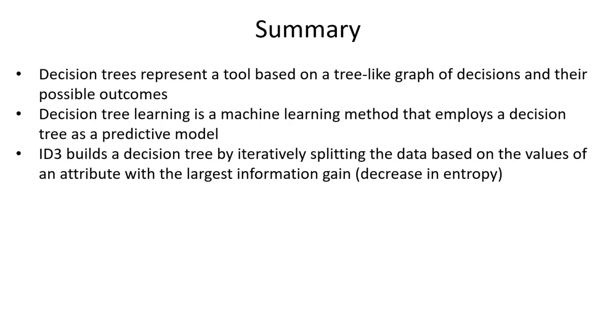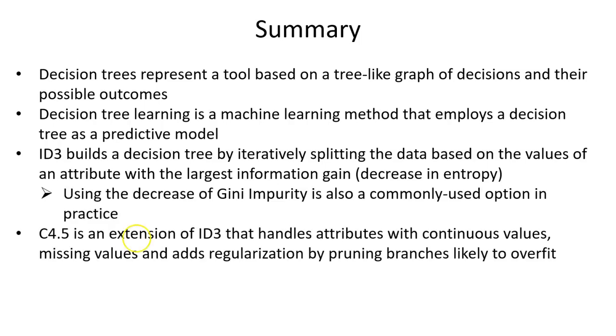So in the summary, what we learned today is decision trees. A decision tree represents a tool based on a tree-like graph of decisions and their possible outcomes. Decision tree learning is a machine learning method that employs a decision tree as a predictive model. ID3 builds a decision tree by iteratively splitting the data based on the values of the attribute with the largest information gain, the decrease in entropy.